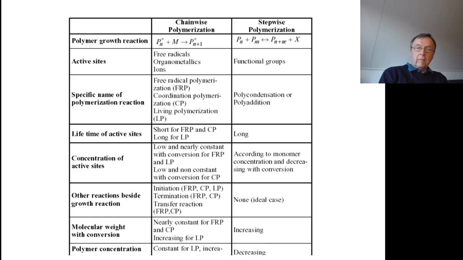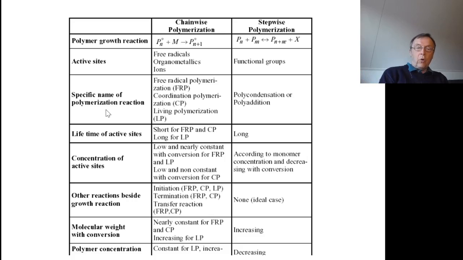And this development of the concentration of the species and the molecular weight with time has a consequence for the polymer concentration. So for living polymerization, it is constant all the time. During a living polymerization, a few chains grow and grow until we terminate the reaction.